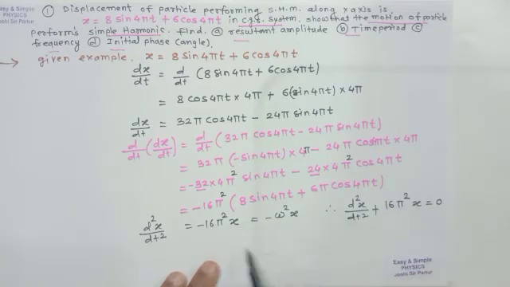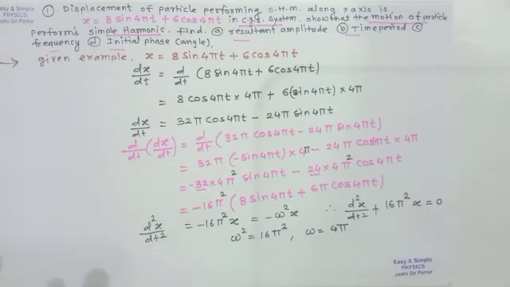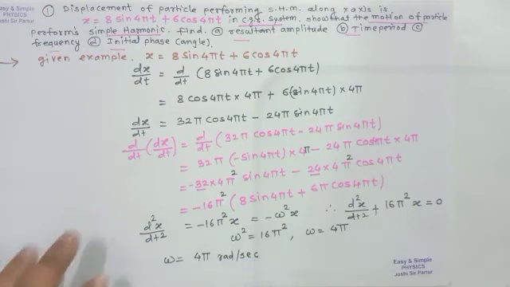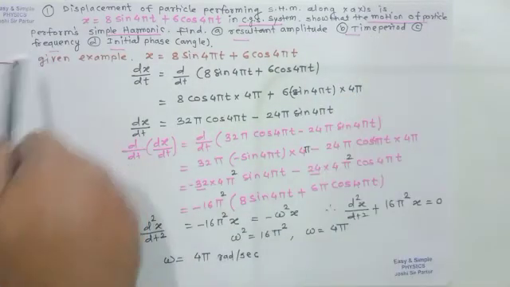Comparing with the standard equation, we can write omega square is equal to 16 pi square. Taking the square root, omega is equal to 4 pi. So first we find omega, which is 4 pi radian per second. Here we can find the time period and the frequency.